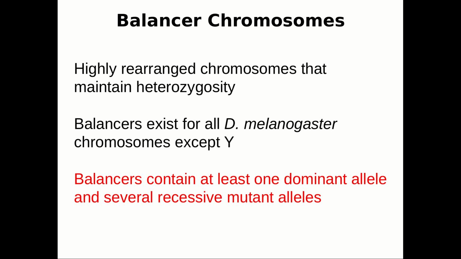Balancers contain at least one dominant allele and several recessive mutant alleles. So a balancer is like a region on a chromosome, or some would think of it as the chromosome itself, that has a dominant allele in it and several recessive alleles around that dominant allele.